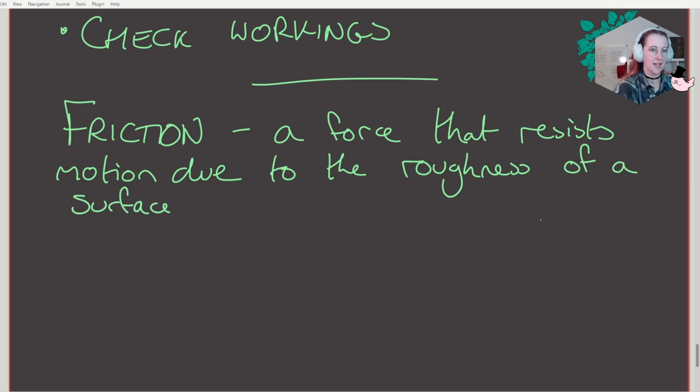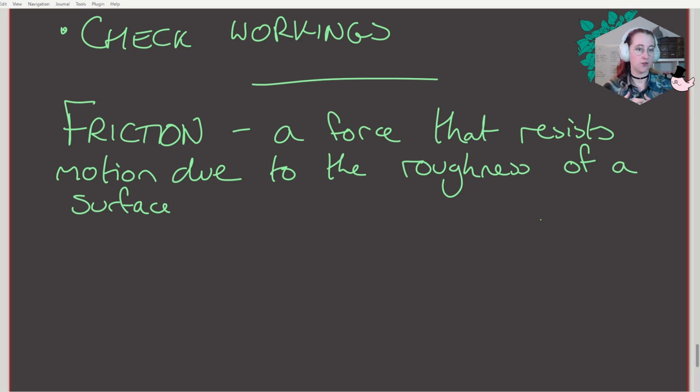You can't slide two things over each other easily. If you try and slide your hands between each other, it heats up. That's the friction that you're feeling as it pulls against you. It can be a really useful thing if you're thinking about climbing, for example. You want loads of friction on that surface so that you have good grip because it's resisting you falling.